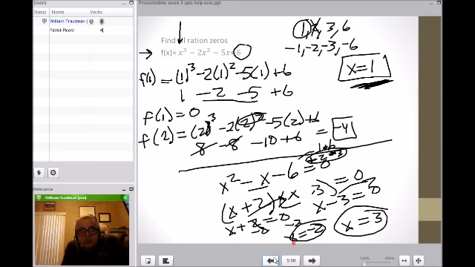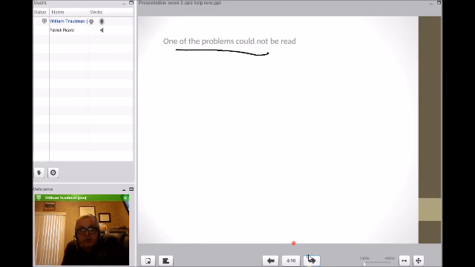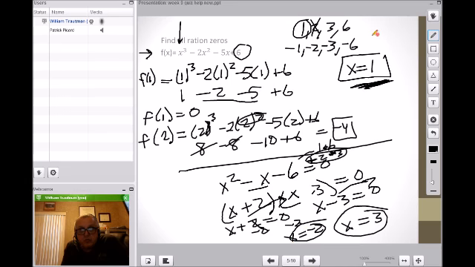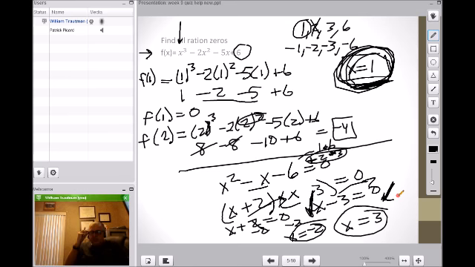So my 3 solutions are, the first one we found right up here, x equals 1, x equals negative 2, and x equals 3. So I think this is a tough section. First, you have to plug in as many of these numbers as you can to make it equal 0.